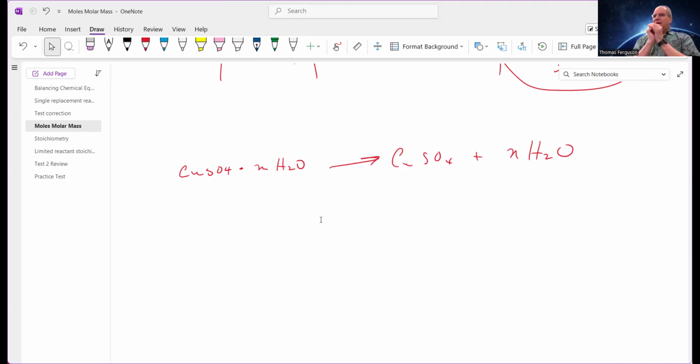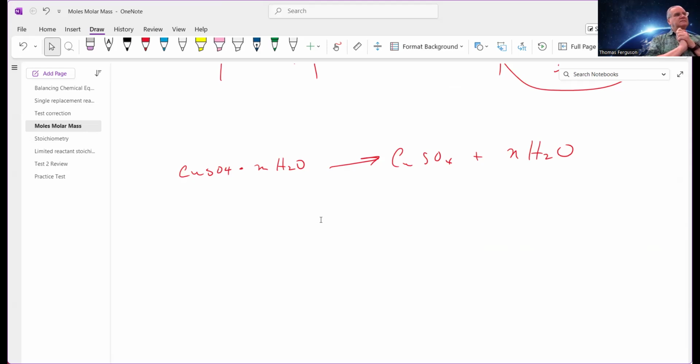Your objective for doing that hydrate lab is to find out how many waters are bound up in the crystal of copper sulfate. Anhydrous copper sulfate, no water, is this pale blue. The hydrate is a very, very pretty color. It's an amazing difference.